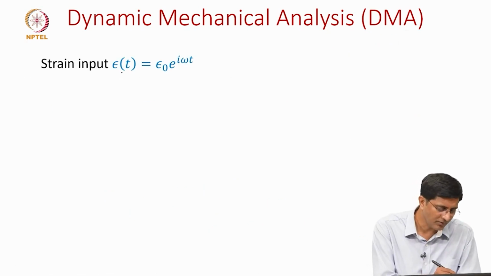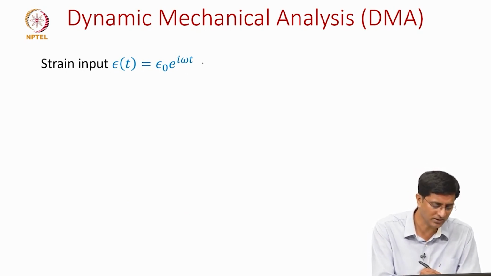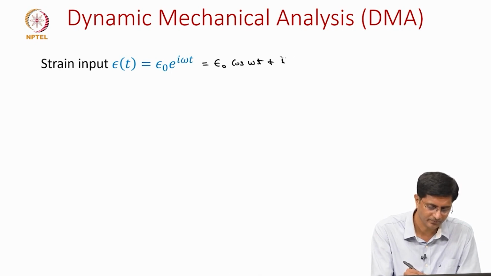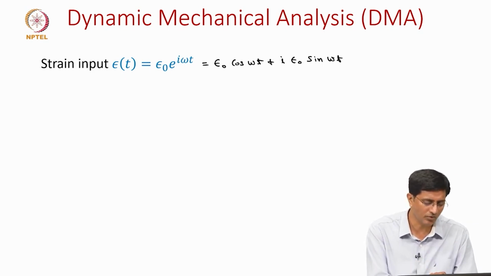So, as seen previously, the strain input is written in terms of complex numbers so that it will take care of both the cos as well as the sine. If I expand this, it is simply cos and sine, but let us avoid going into that right now; we will work with the complex e power i omega t.